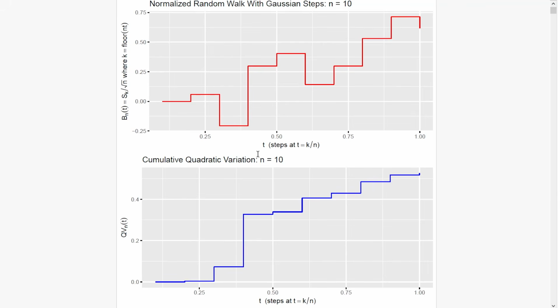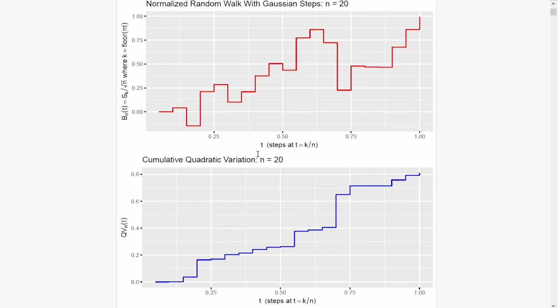Here I'm looking at examples of random walks that are normalized to be between times 0 and 1. These are the normalized random walks, whose limits are Brownian motion. In the top panel, I'm drawing the path of the random walk with Gaussian steps.